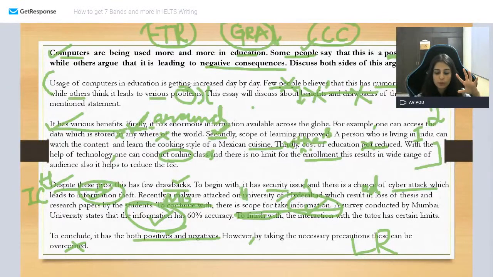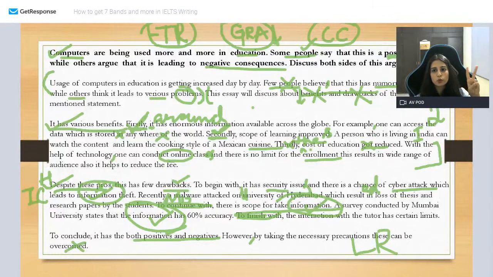So this is what we precisely do during our course, and we have 2 types of courses. One is for 2 weeks, one is for 1 month, and you can take counseling sessions with us. You can connect with us on a phone call and ask which course would suit you better.